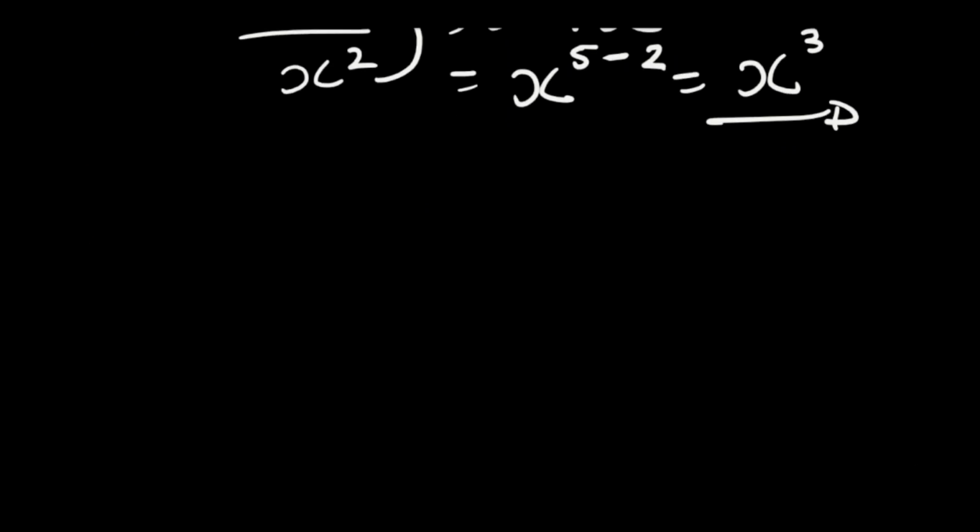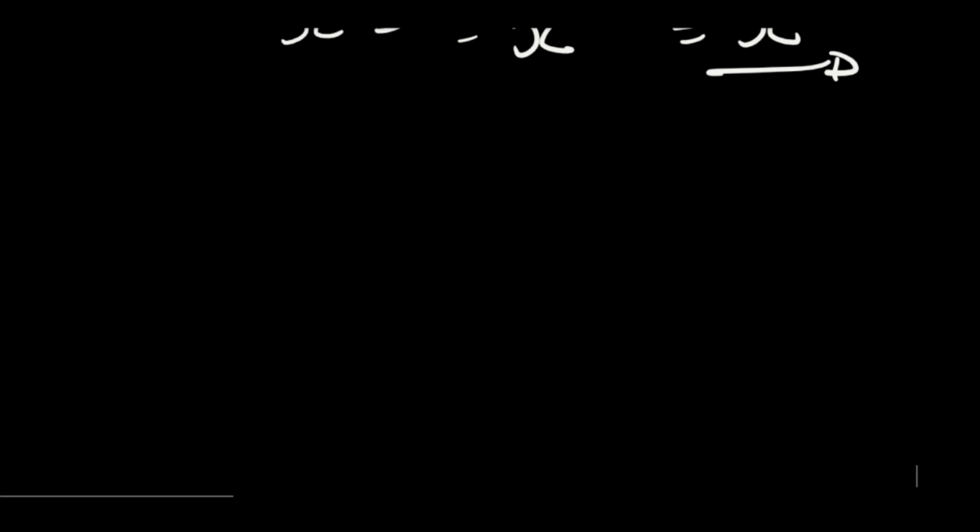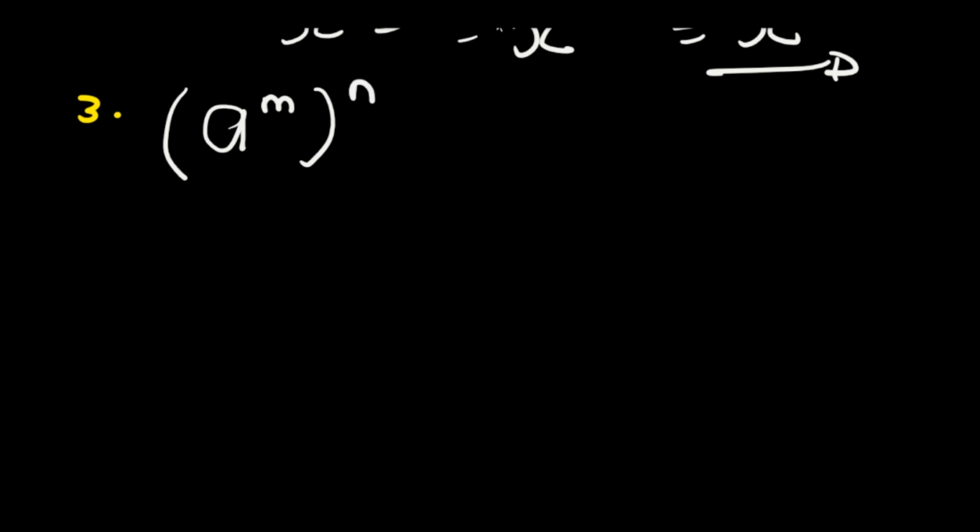So let's try out another theorem, another law. Law number 3 says if you have the base a to the power of m and it has a power of n outside the bracket. So what happens is this power of n multiplies any power that it finds inside the bracket.